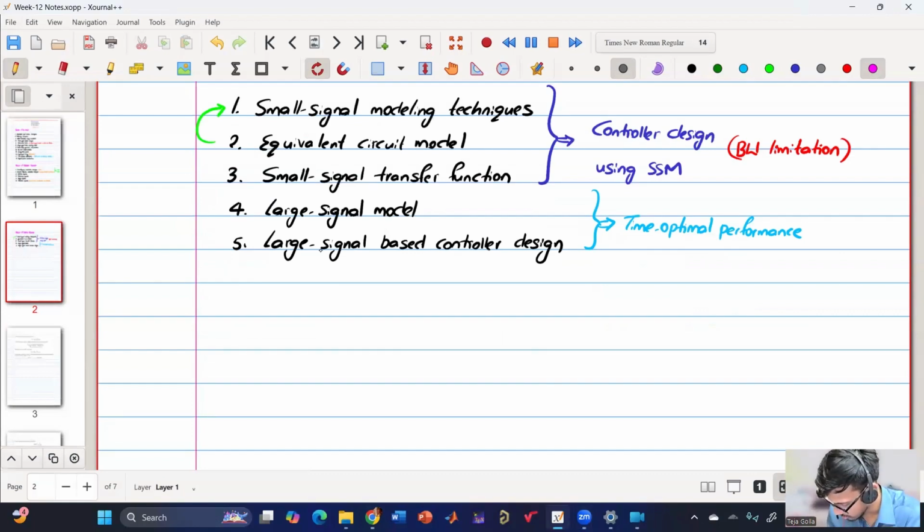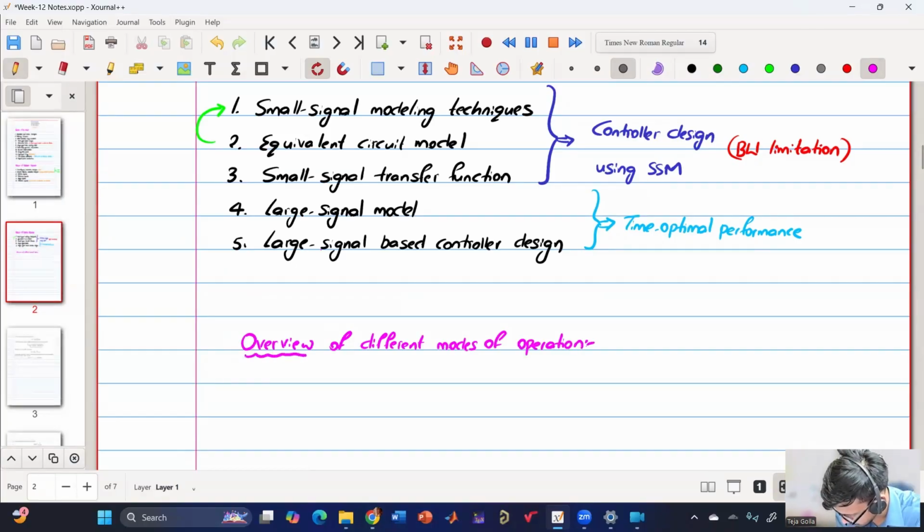We have also discussed different modes of operation of the converter, which are based on the inductor current.